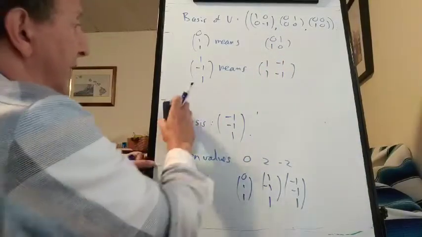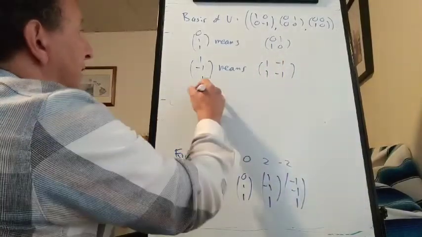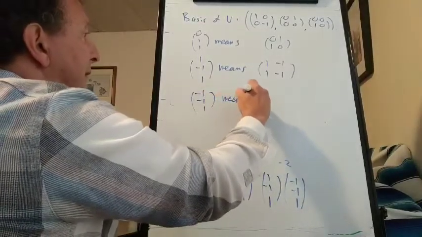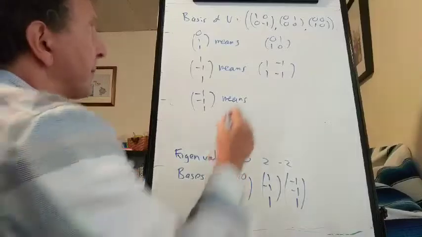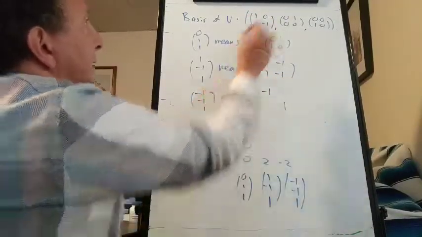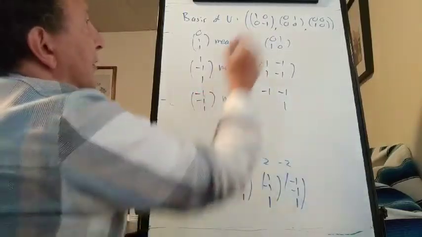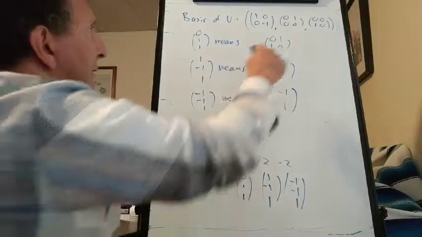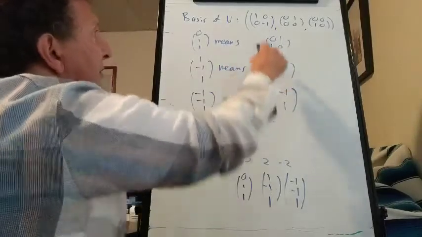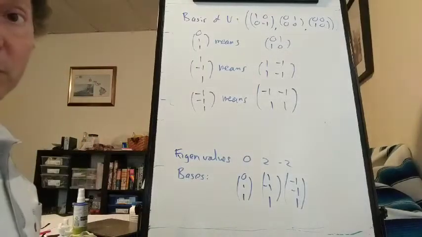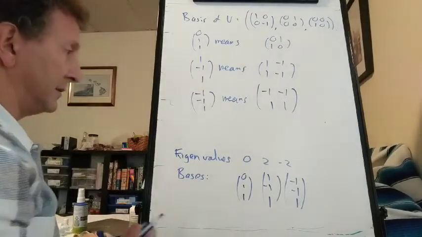And then negative 1, negative 1, 1 means minus this minus that plus 1 of that. So these are bases of the 0 eigenspace, 2 eigenspace, and negative 2 eigenspace of T in the vector space V.